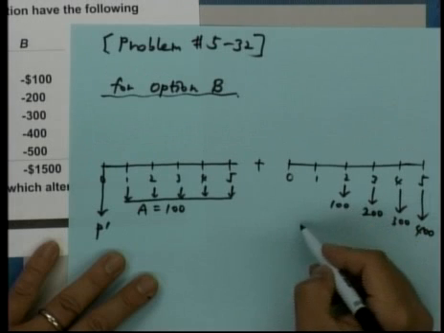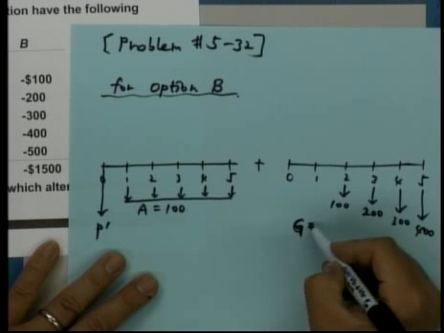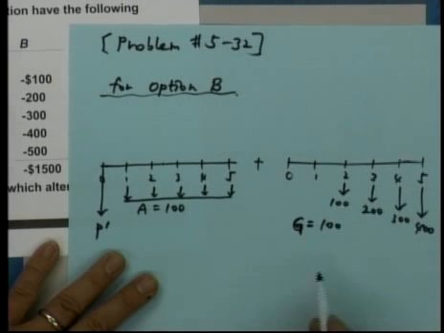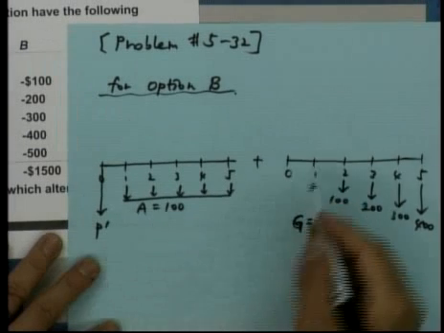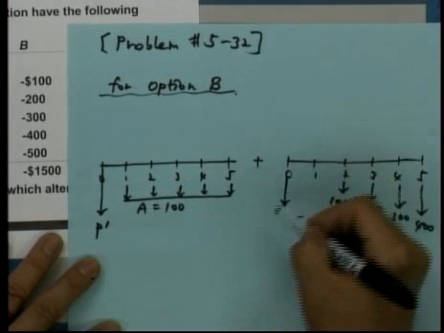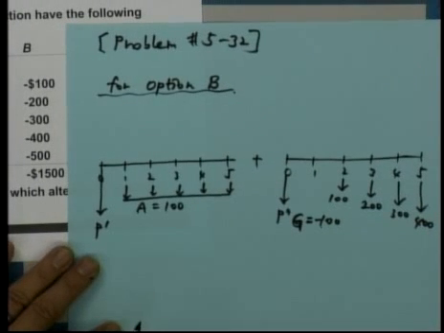So we have arithmetic gradient G equal to 100. Actually it's negative 100, right? And let's set P double prime at the end of period 0 here.